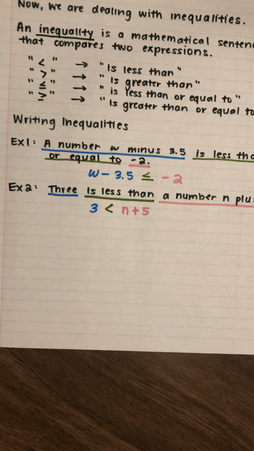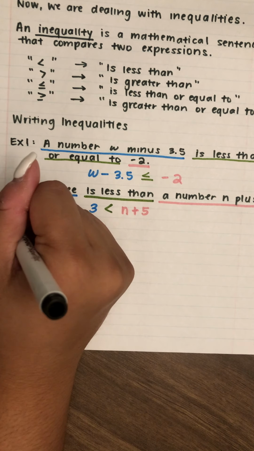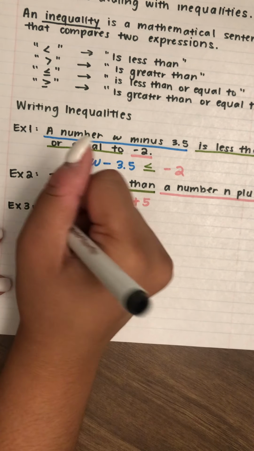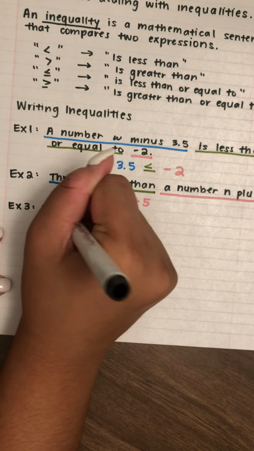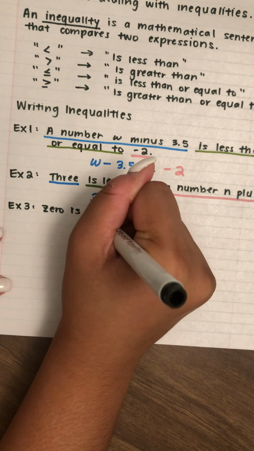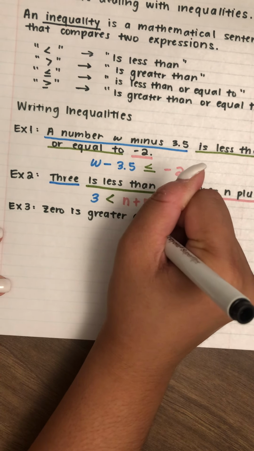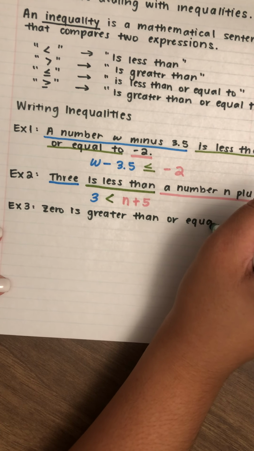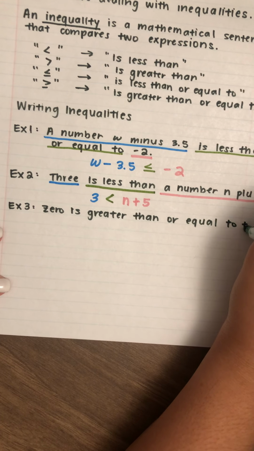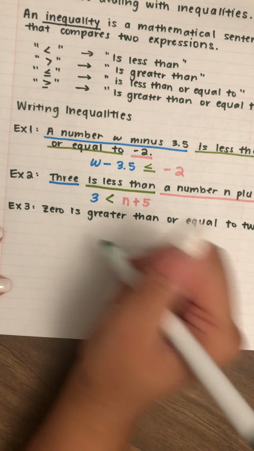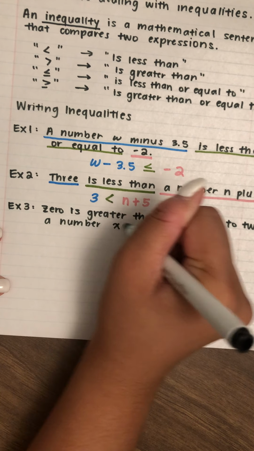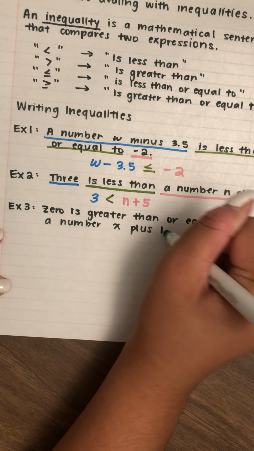All right. We're going to go ahead and look at one more example. So 0 is greater than or equal to twice a number x plus 1.